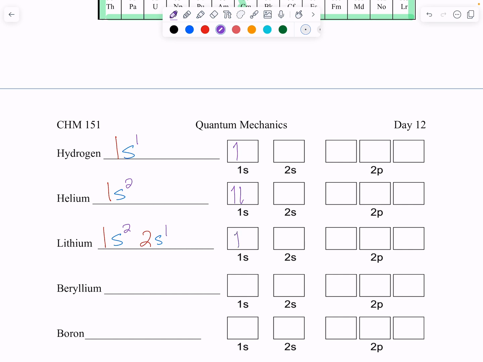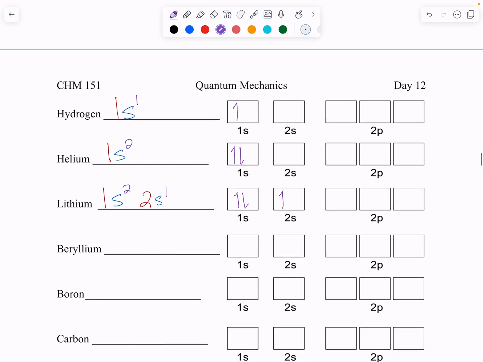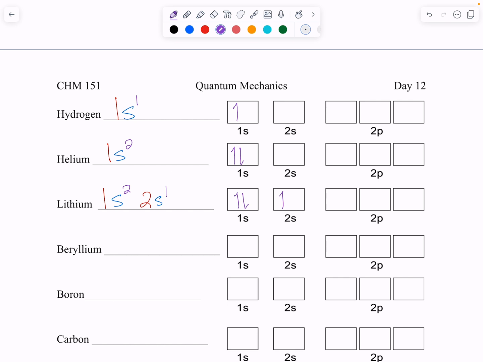I go up, down, up. All right. Beryllium. Same thing. We're just going to keep adding. 1s2, because they all are going to start like this now. And then it's 2s2. And goes up, down, up, down.